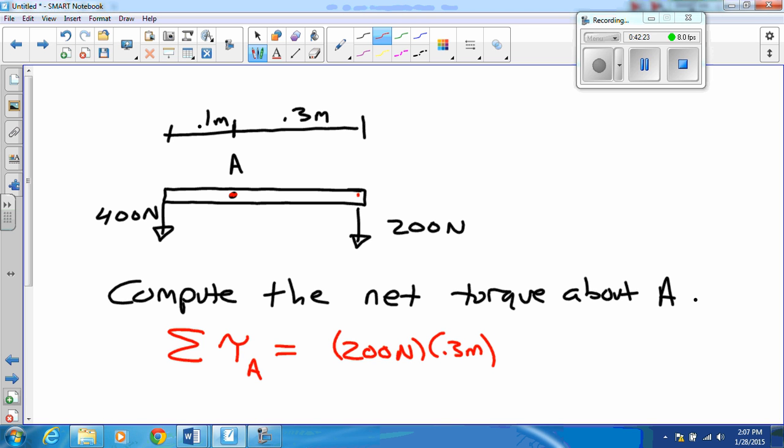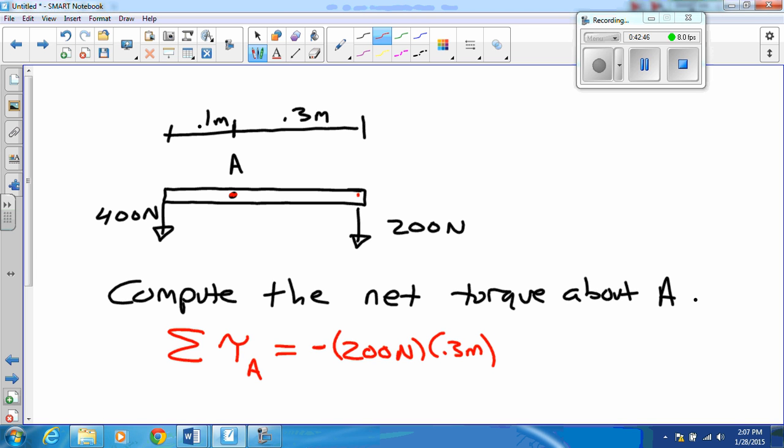Clockwise, just like that. Can everybody see that? The 200 Newton force is pushing down like so, so it's going to push this arm in a clockwise rotation. That means that we're going to count the torque exerted by the 200 Newton force as a negative torque, not because 200 points down, but because it rotates clockwise around A.